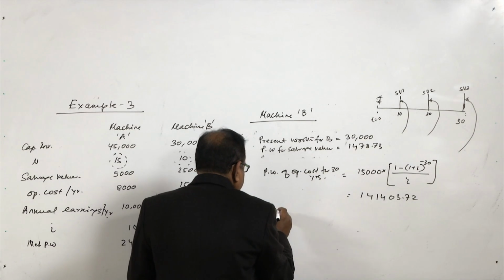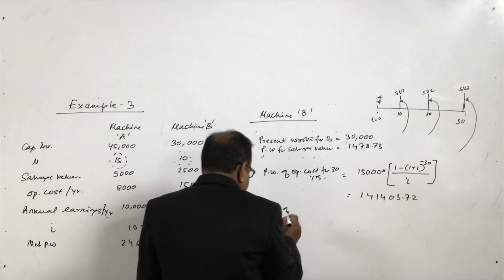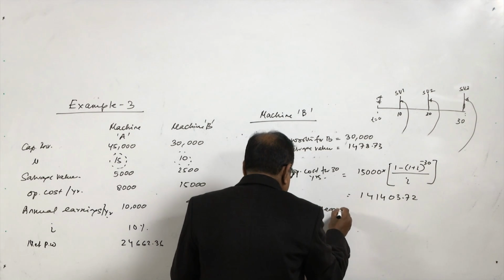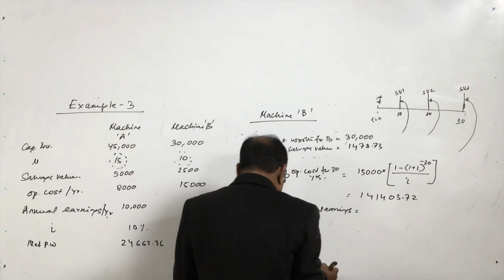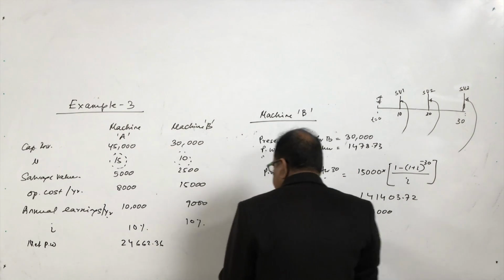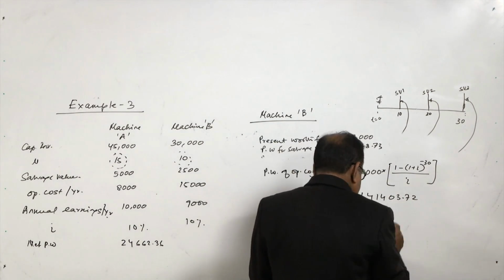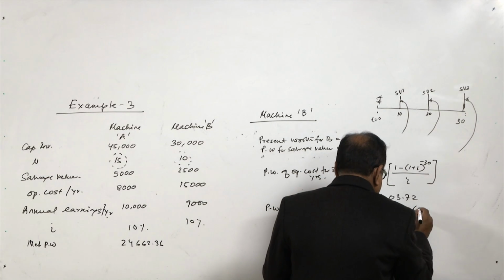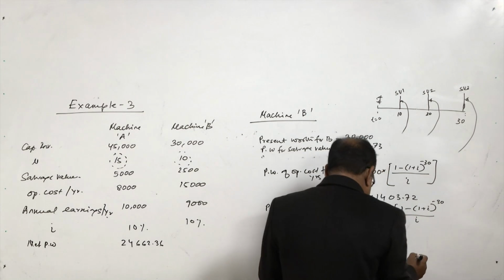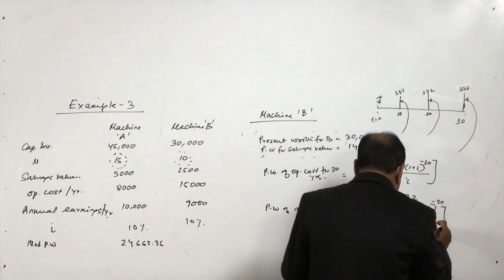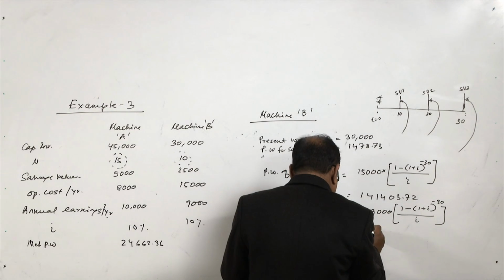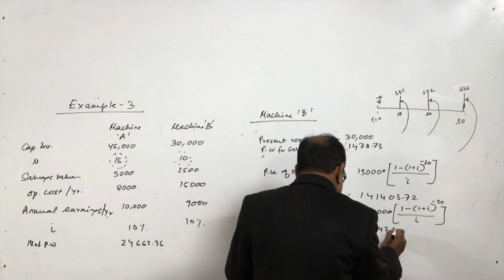Now, present worth of annual earnings is equal to 9,000 into (1 minus (1 plus i) to the power minus 30) divided by i, which comes out to be rupees 84842.23.